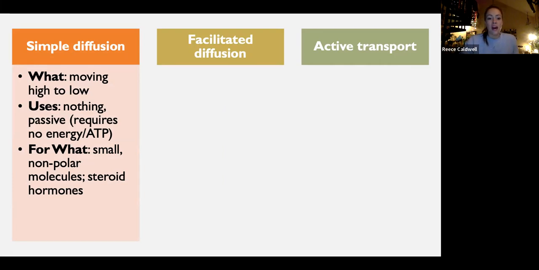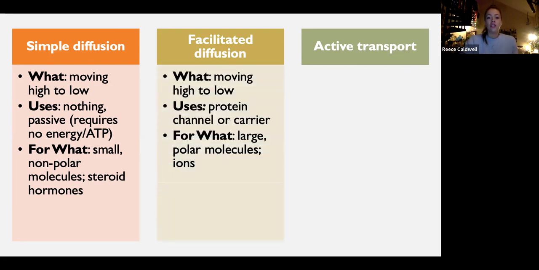So it is passive, it uses no energy and no ATP. The molecules or particles we see move with simple diffusion are small nonpolar molecules and also steroid hormones, which we'll get more into in lecture and in the coming discussions. Facilitated diffusion is also the movement of molecules from high to low concentrations.